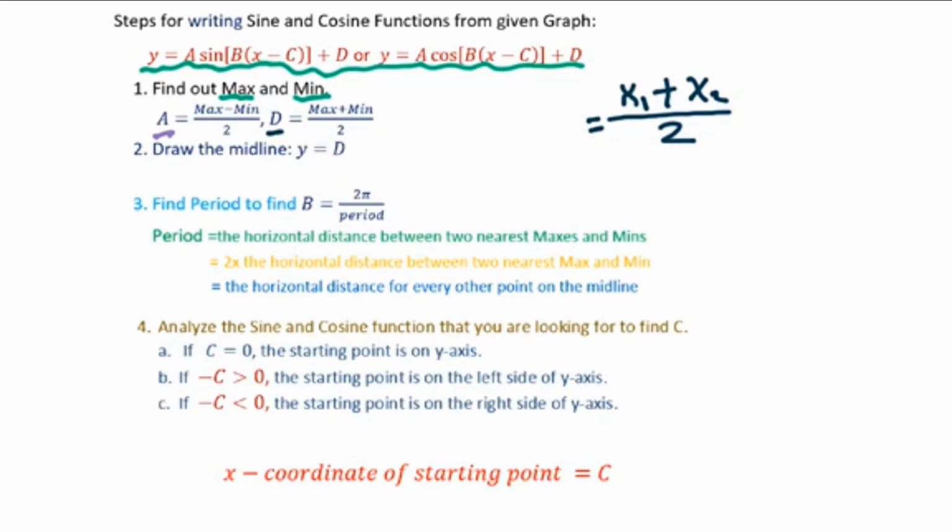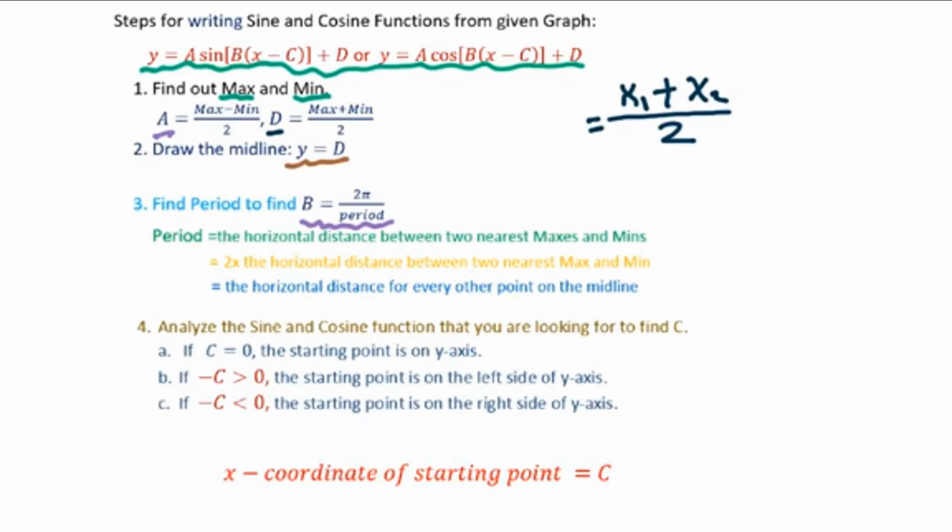After you get D, you need to draw the midline, y equals D. This is very critical for a sine function because the starting point starts from the midline for a sine function. And we know that B equals 2 pi over period for sine and cosine functions.